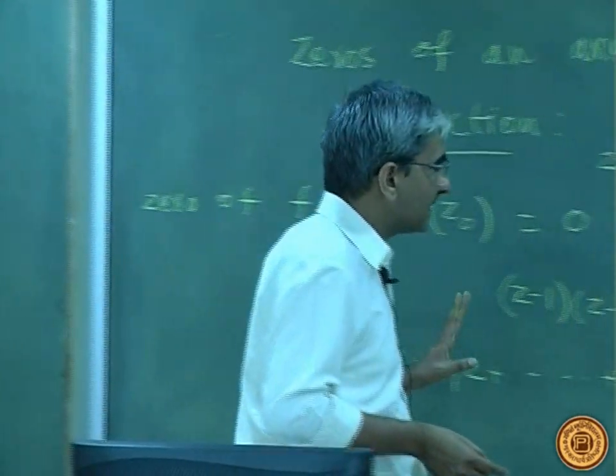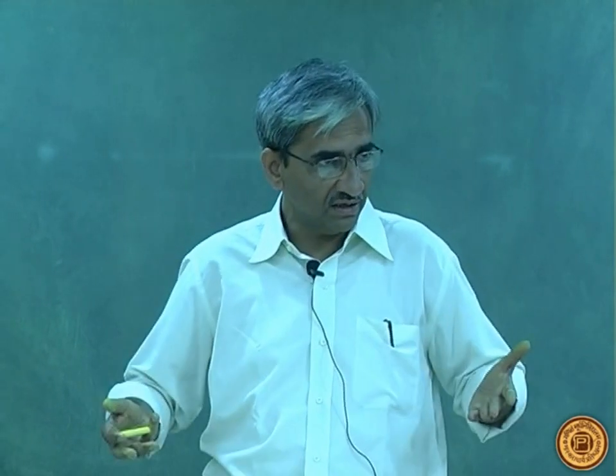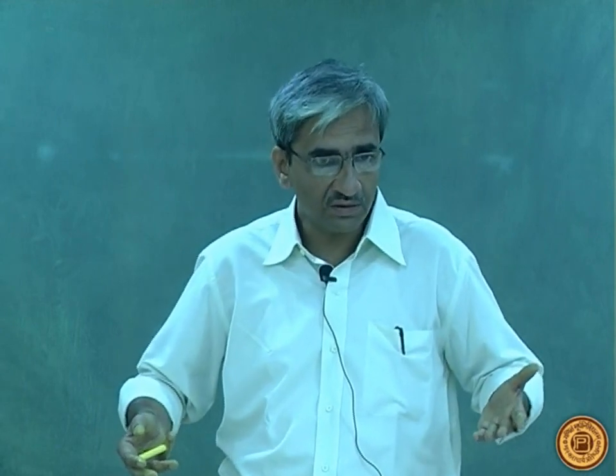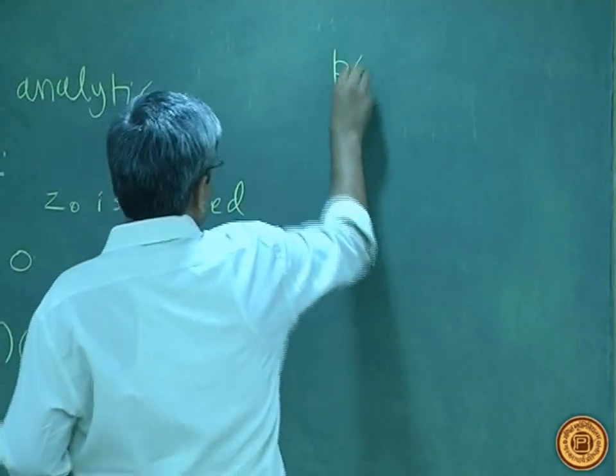So P(z) has n roots, that is the fundamental theorem of algebra actually. It says that there is always a complex root, and in turn it implies that whatever the degree, it has exactly n roots. Some roots may be repeating. So P(z) has n roots.